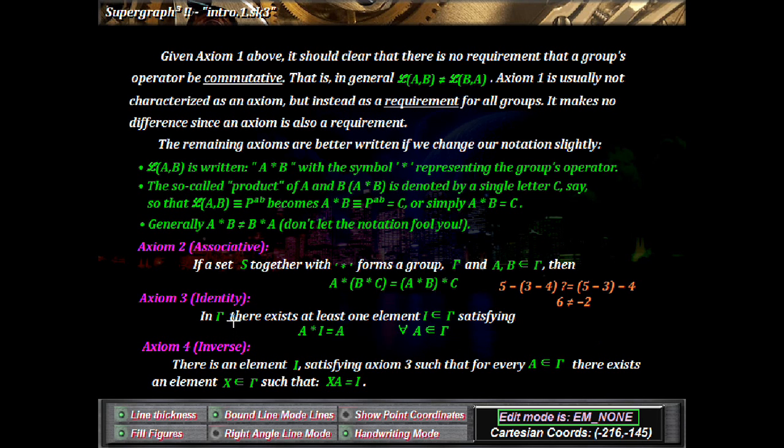Okay, so in gamma, there exists at least one element, I, in the group, satisfying A times I is equal to A for all elements A in the group. Now I believe that I here is called a right identity.